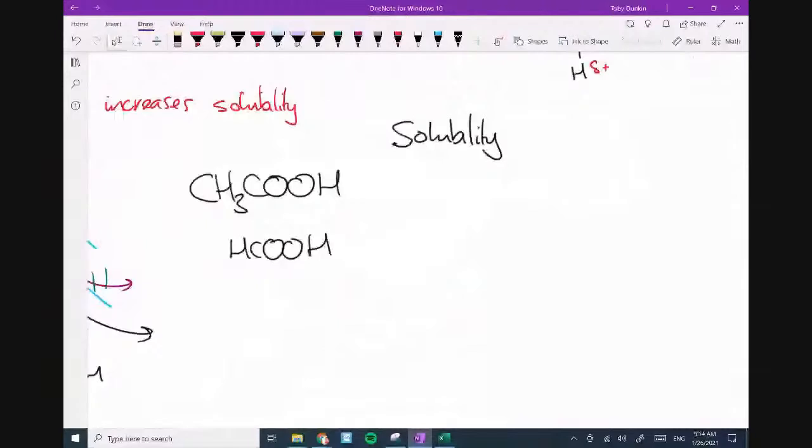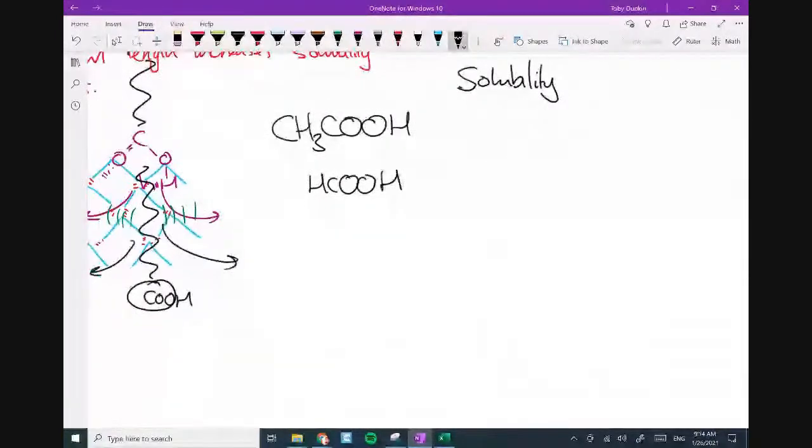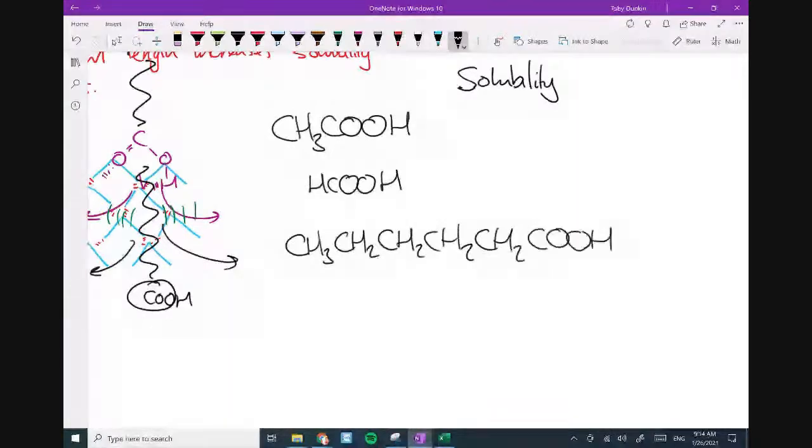Right. So what about then? Let's make this really long. Let's go for hexanoic acid, please. Is it miscible? I just want to know how long it takes before it stops being soluble. Hexanoic acid.